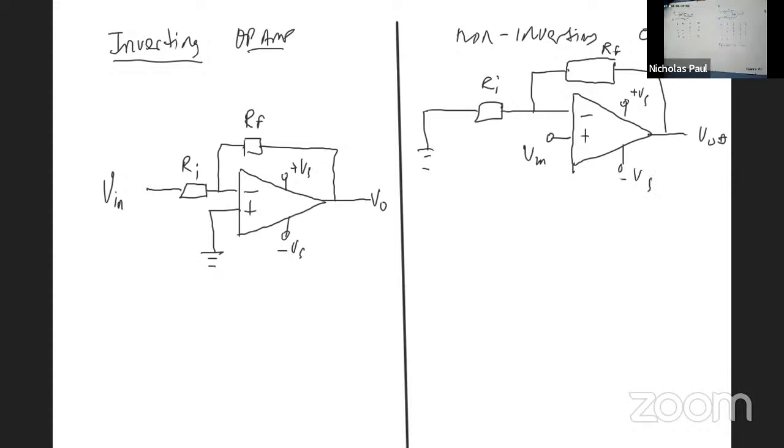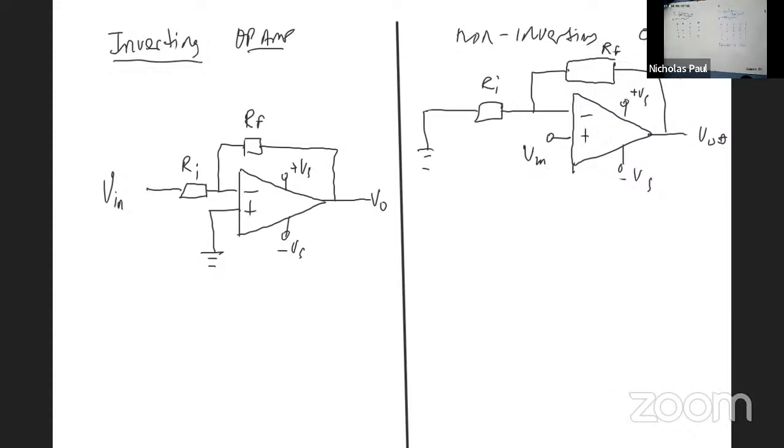How do you know it? Again, there's feedback, and the input is run through the non-inverting terminal. Notice this is the inverting input, this is the input. I just look at the abbreviation. So basically that is what your two types of op amps look like: inverting and non-inverting op amp.